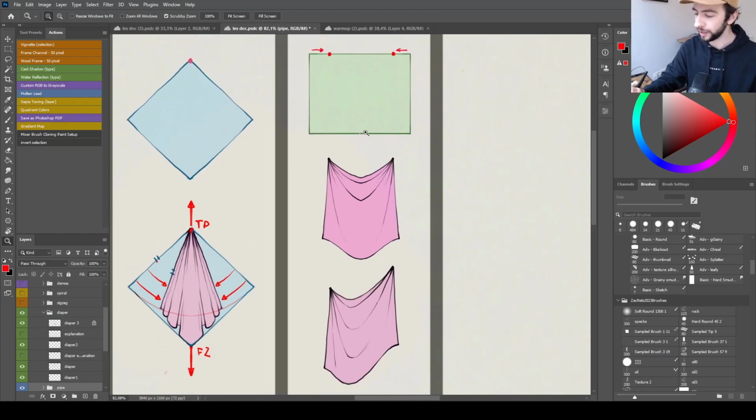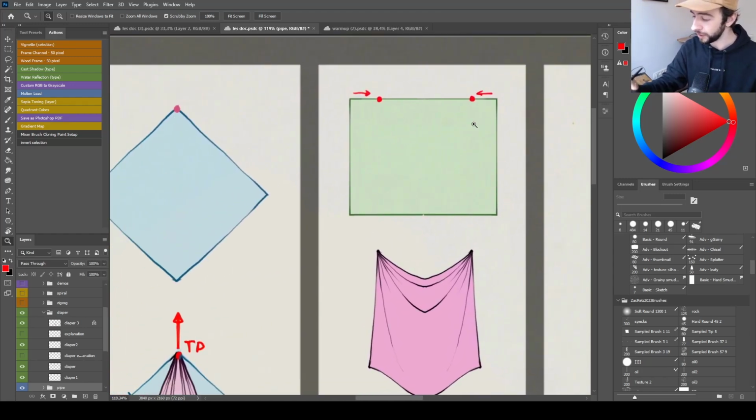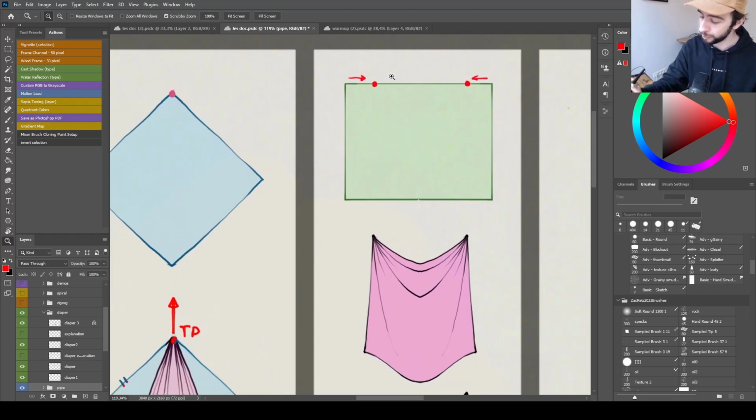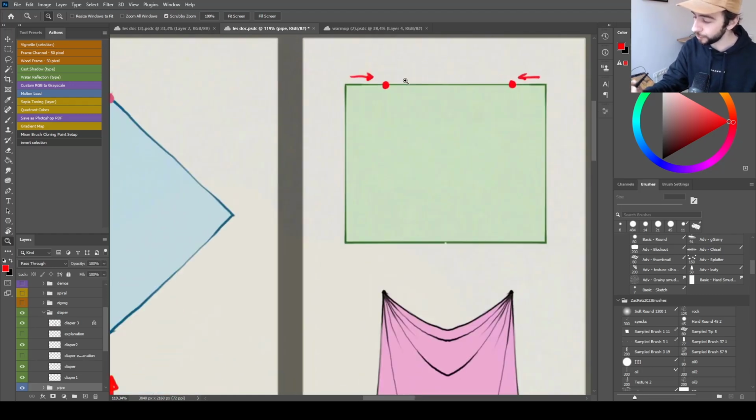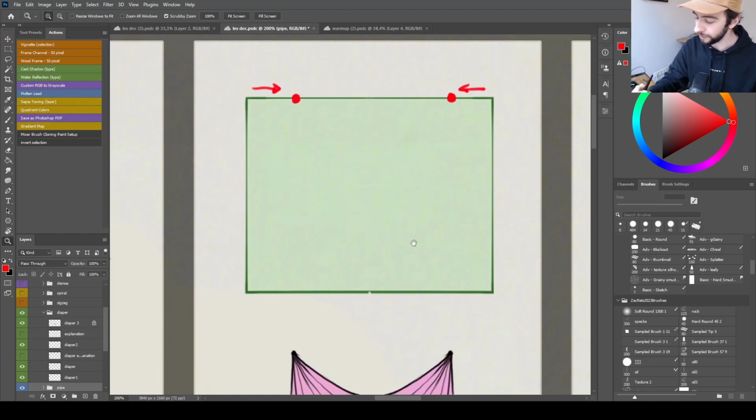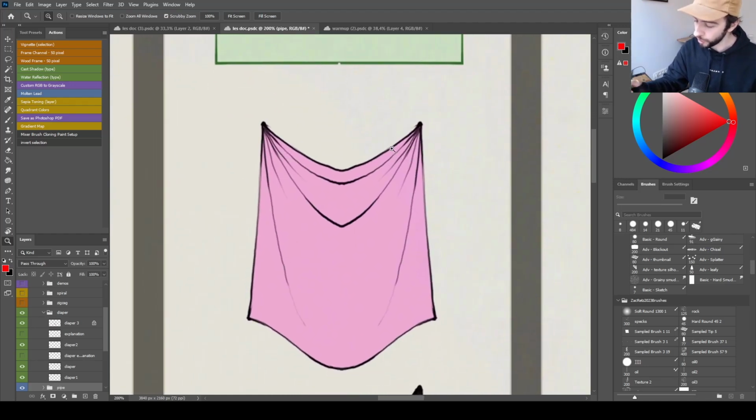So the same idea applies, except now we're using 2 tension points. Imagine I'm grabbing this cloth and moving these corners slightly closer together. Of course, we all know the cloth will tend to sag.